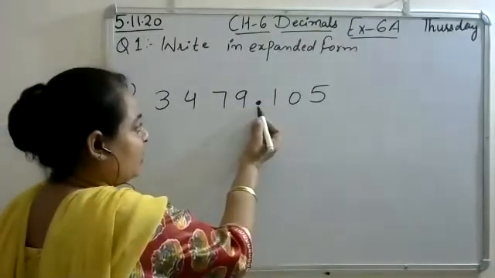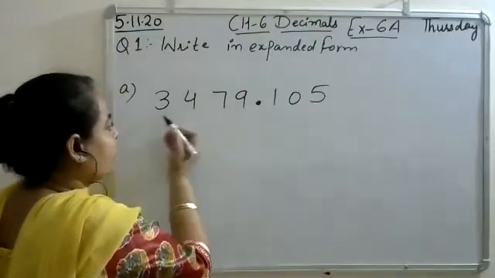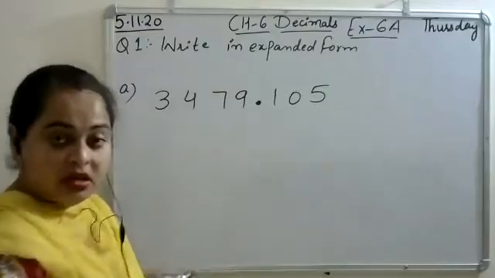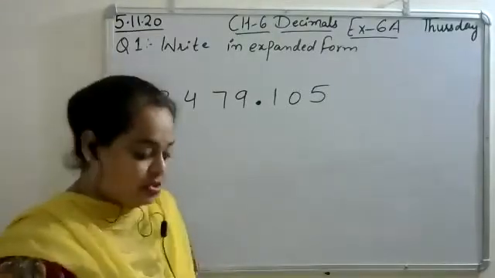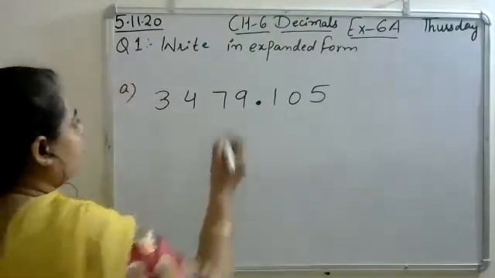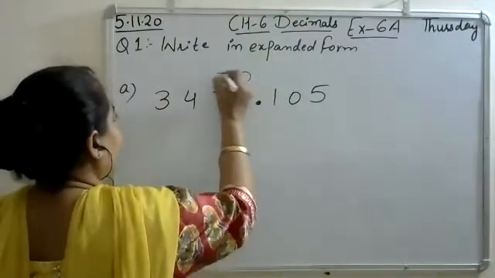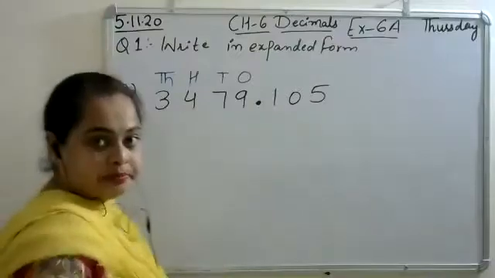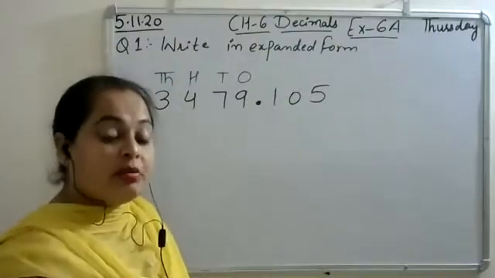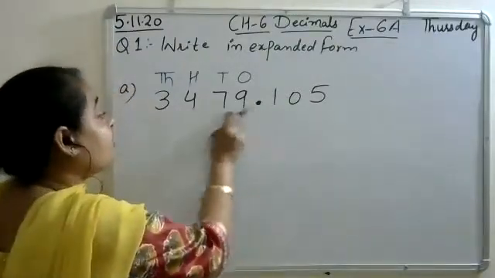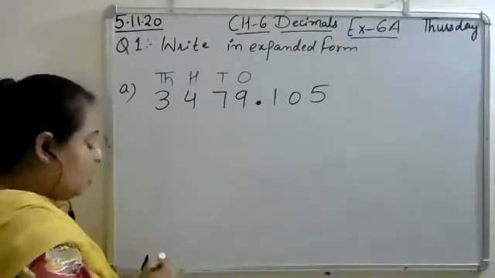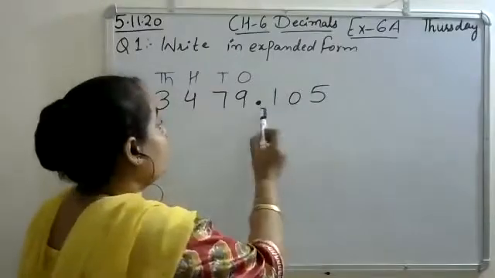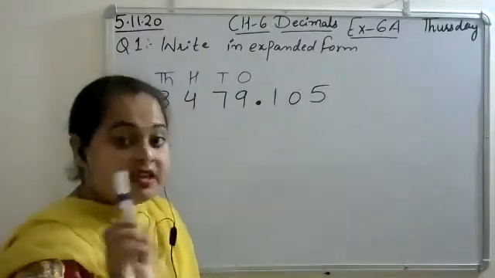This is the decimal point. On the left hand side of the decimal, we will use the Indian system. Indian system means ones, tens, hundreds, thousands. We will use the Indian system on which side? On the left hand side of the decimal. But on the right hand side of the decimal, we will not use this Indian system.